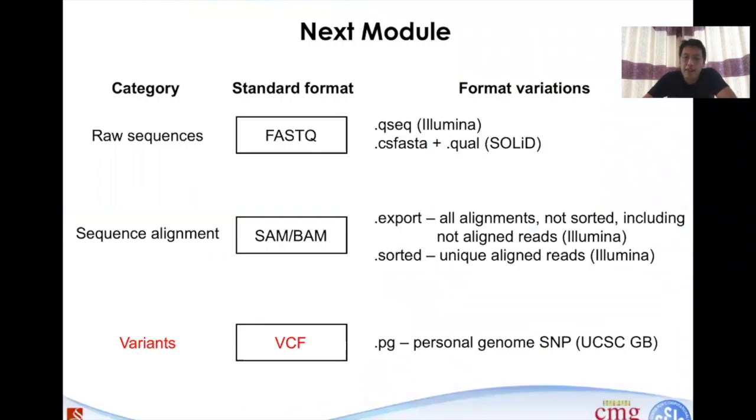Briefly, the standard NGS formats include FASTQ files, SAM files, and VCF files. VCF files are the last part that represent the variant information.